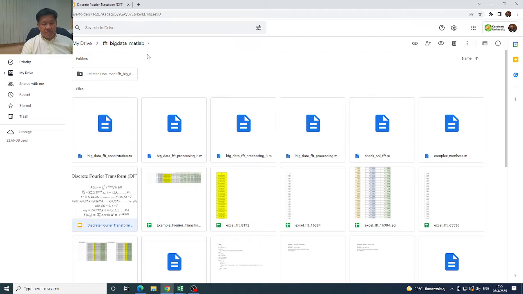Please do that by using the ku.th Gmail account, so that you can run the program. And the first platform that we will use is the Excel format.